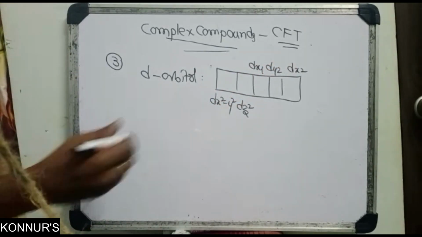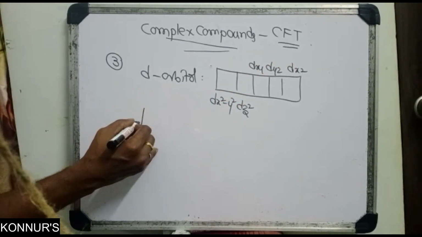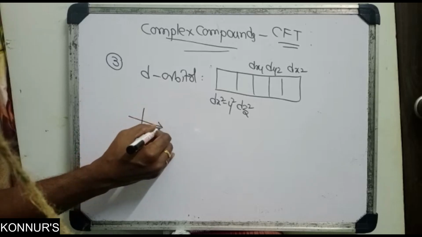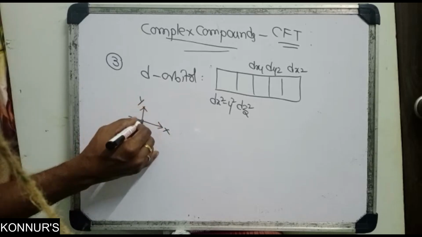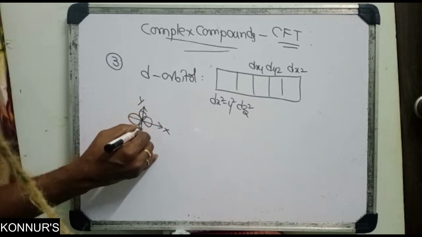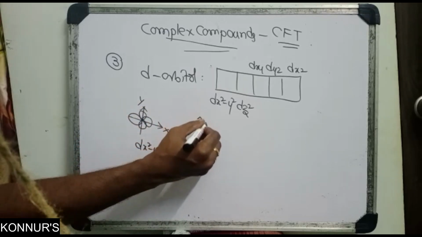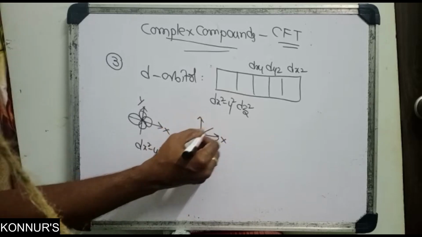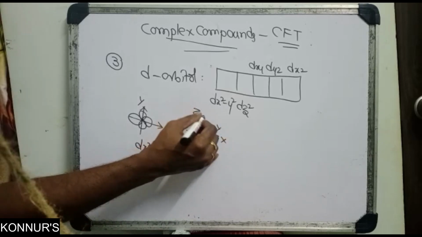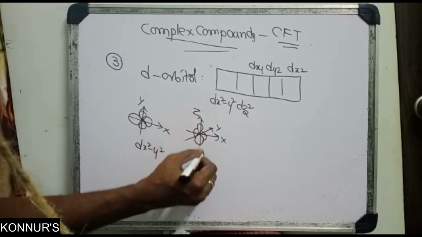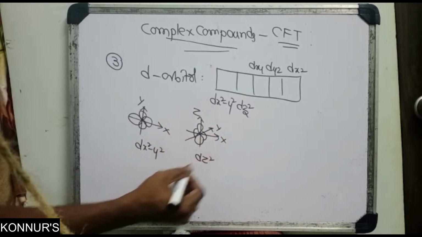Suppose you see the orientation of dx square minus y square, this is dx square minus y square. Next, dz square, x, y, z you can take. This is dz square.